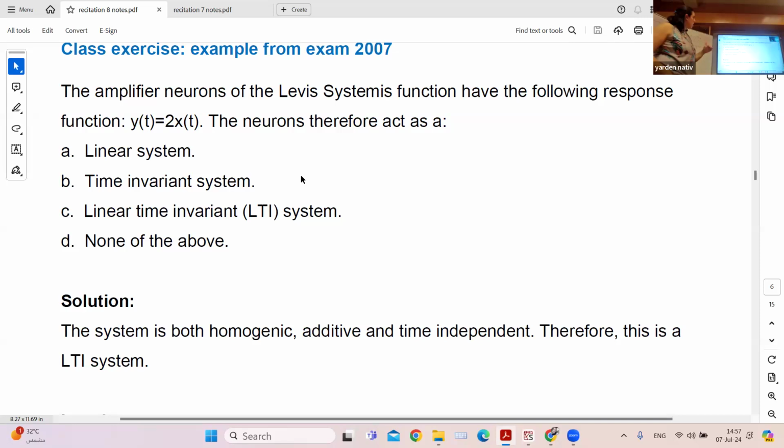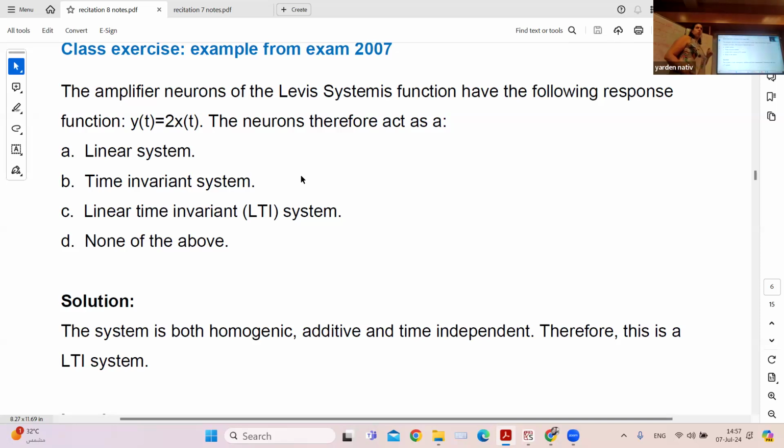When we put x(t) multiplied by 3, it's like multiplying y(t), right? And if we have two inputs, x1 and x2, and both of them are entered into the system, it's like summing up two different systems. So it is true that this is also linear and also time invariant, so therefore this is a linear time invariant system.